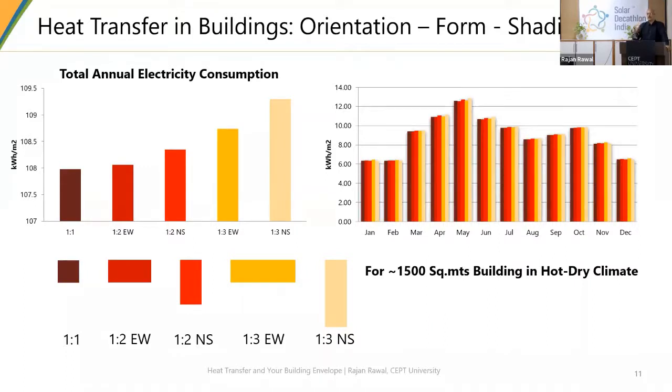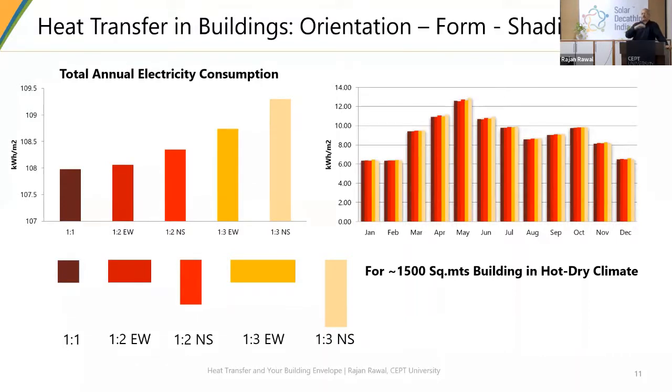The third column is where it is the north-south longer axis. In the fourth and fifth, the aspect ratio is 1:3, with the longer axis east-west and then north-south. So what will be your annual energy consumption?